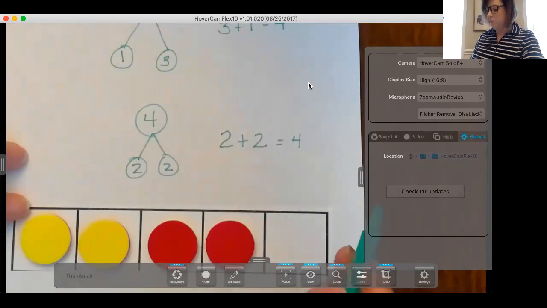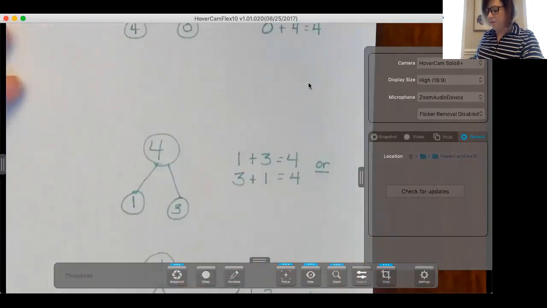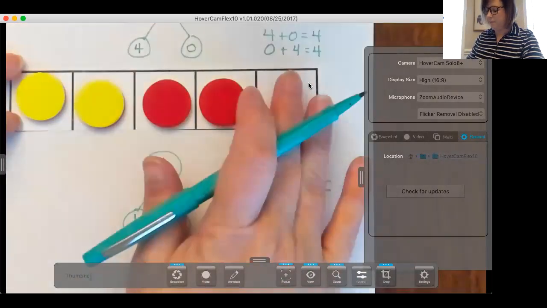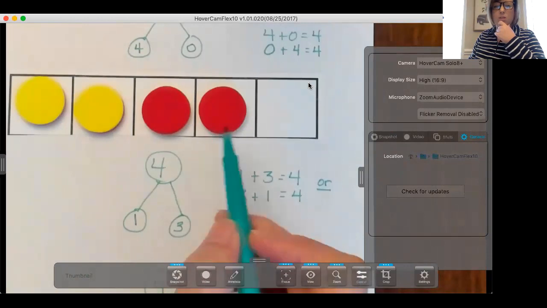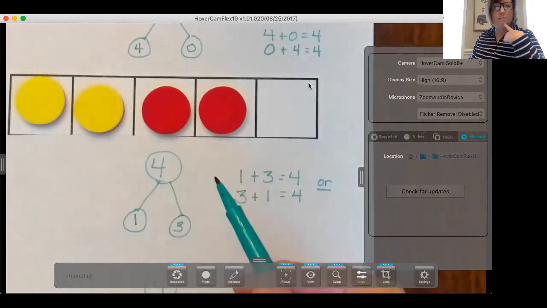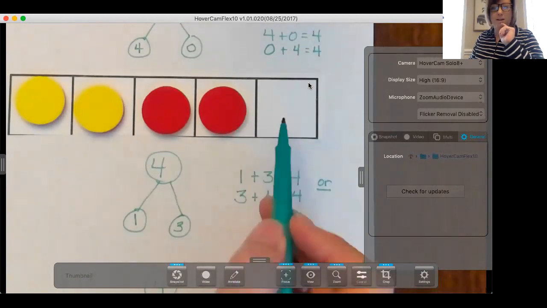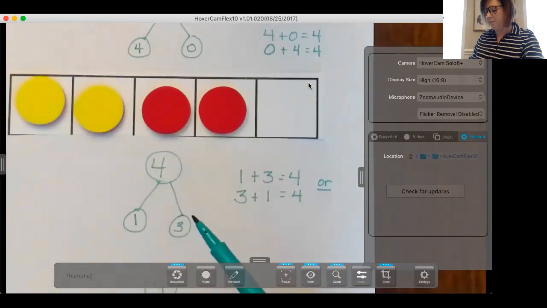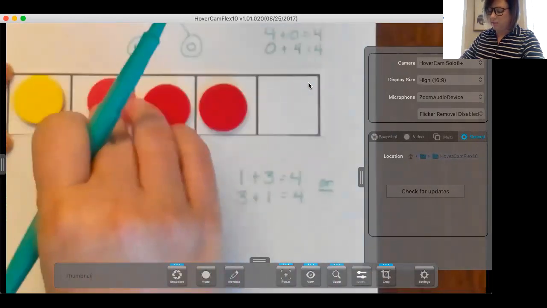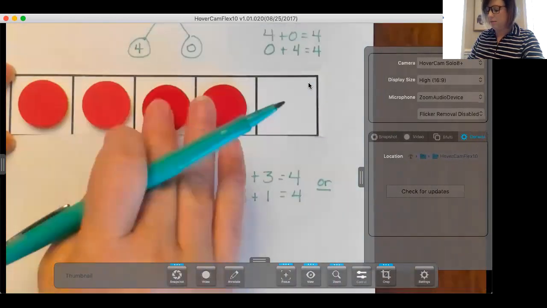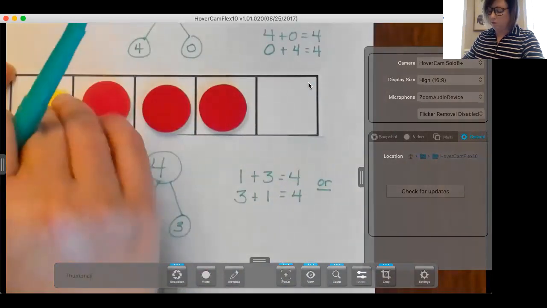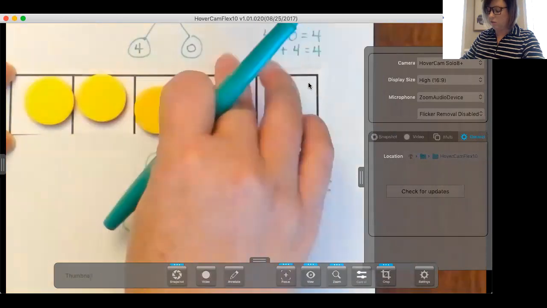Okay? So we've worked on our ways that we can make 4. Okay, so we're working our way up to 5. Now I want you to think, how many more do I need to get to 5? Good job, just 1 more. 1 more would make 5. Okay, so this is the ways that we're getting to 5. So right here, once again, we had 4 plus 0 and 0 plus 4, if you stick with the reds first.